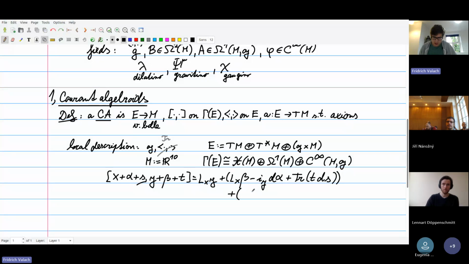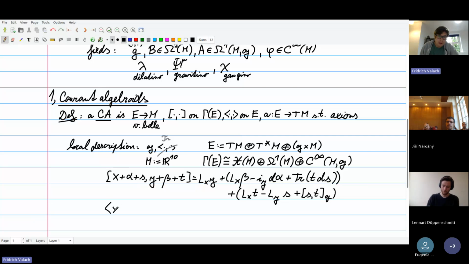And then there is a term which looks like this. Again, you are not supposed to remember or keep this in mind. It's just to be a bit explicit. This is how the bracket looks locally. The last term is the bracket of the Lie algebra.